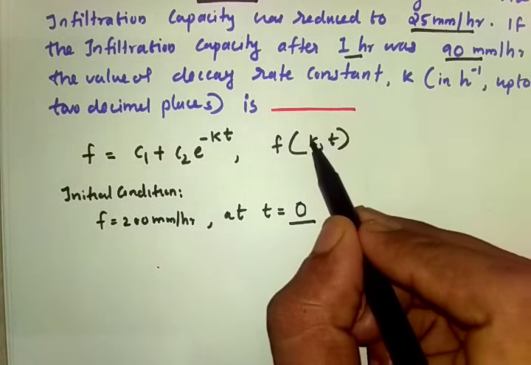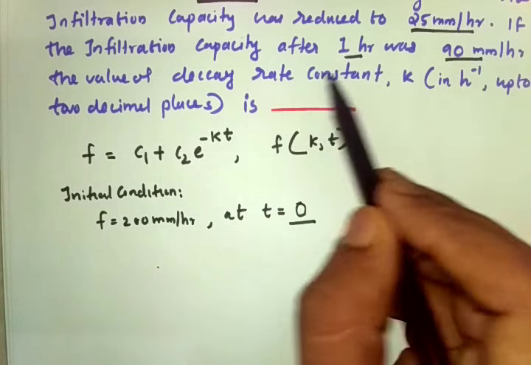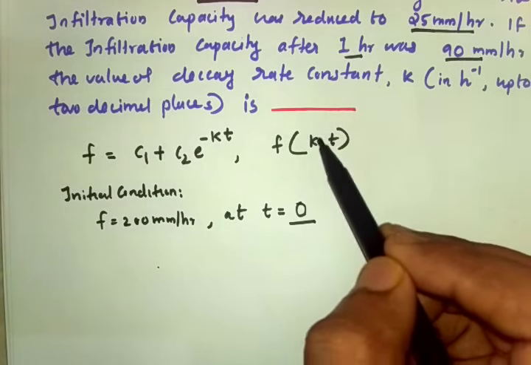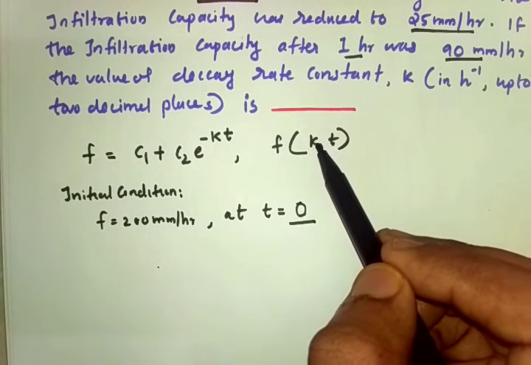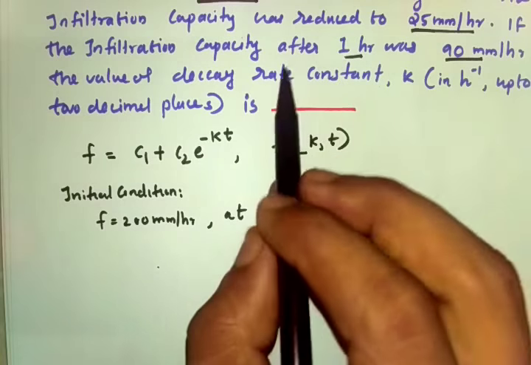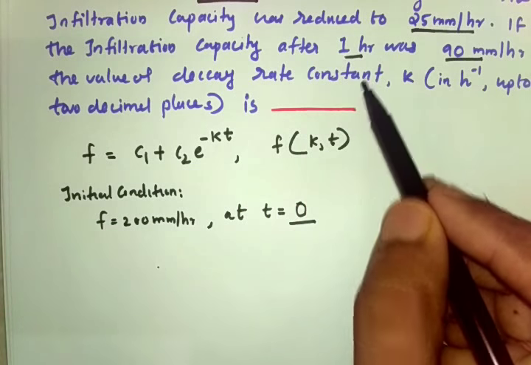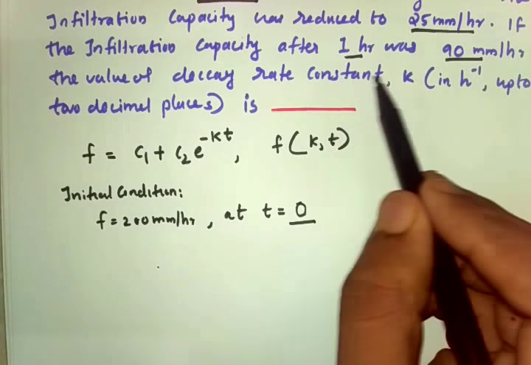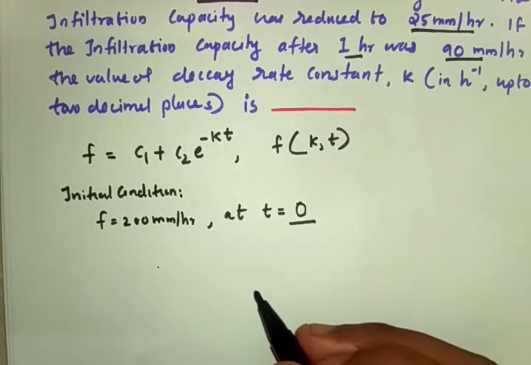Take the decay rate constant as k. This k does not vary with time, and as the name indicates, it is a constant value.